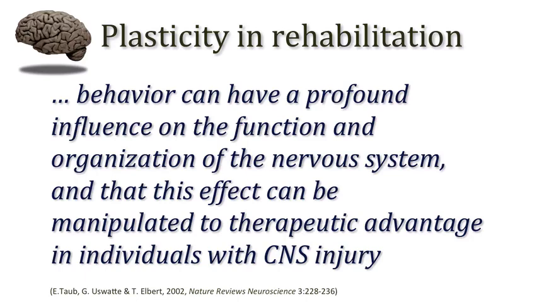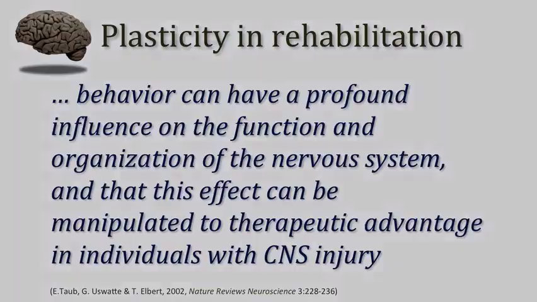So, understanding the rules of plasticity will increase our capacity to help people that are dealing with central nervous system injury and disease, because we will better understand how to take the sensory and motor experiences of their own bodies and use that capacity to reshape the structure and function of their nervous systems.